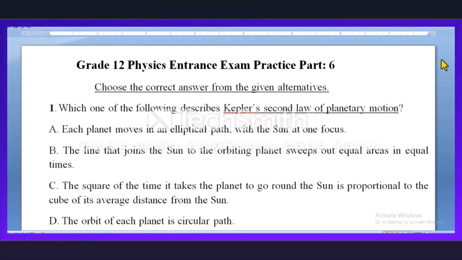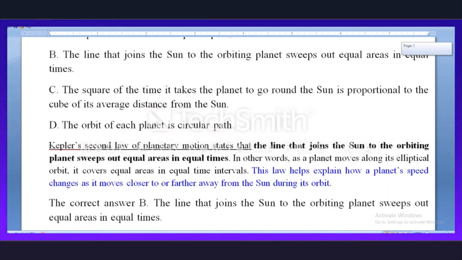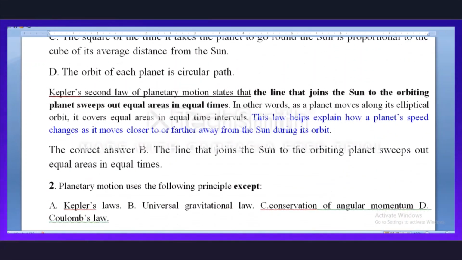Before going to the solution, let us interpret this problem. Kepler's second law of planetary motion states that the line that joins the sun to the orbiting planet sweeps out equal areas in equal time intervals. In other words, as a planet moves along its elliptical orbit, it covers equal area in equal time intervals.